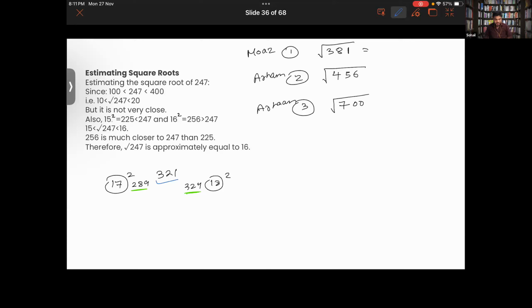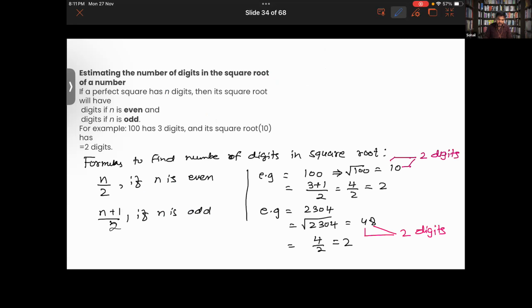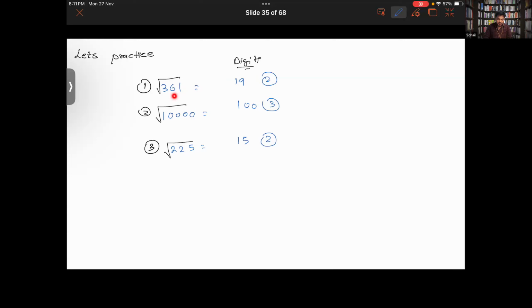Look here. Right now, we are estimating the square root of a number. Moments ago, we were doing a different thing. We were finding how many digits will be there in the square root of a given number.